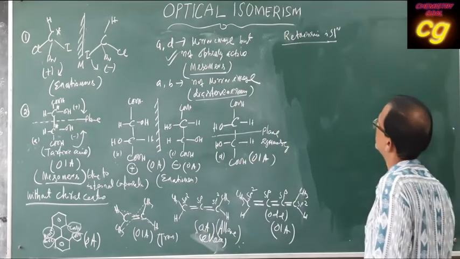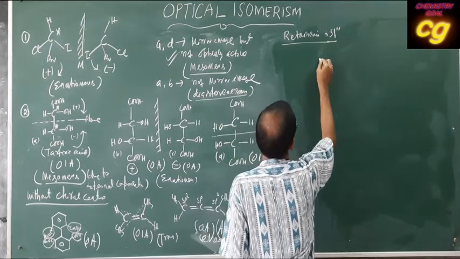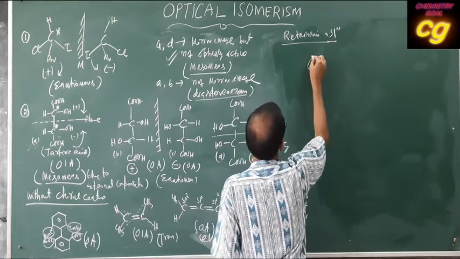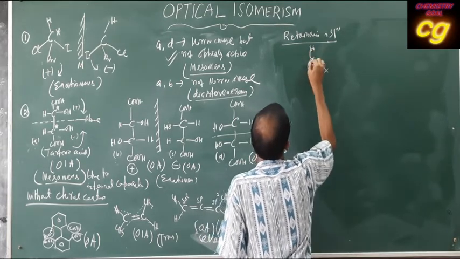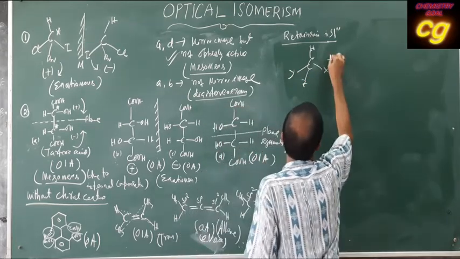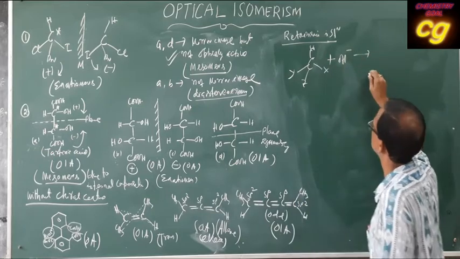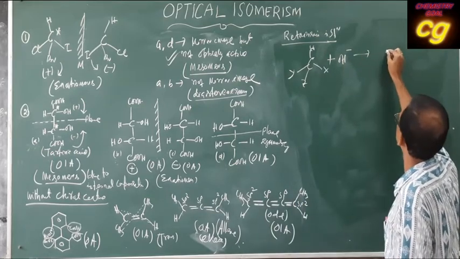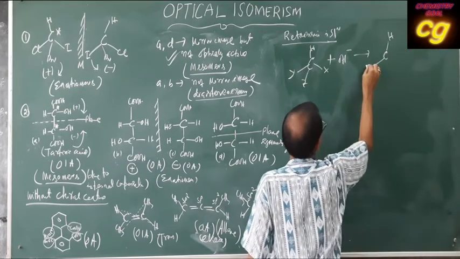Retention: suppose this is the structure, this is your X, this is your H, this is your Y, this is your Z. If you take OH minus and the product is like this, you see the difference in structure.